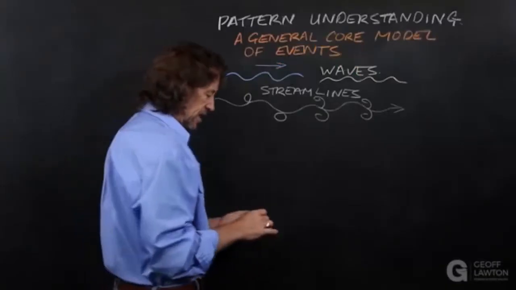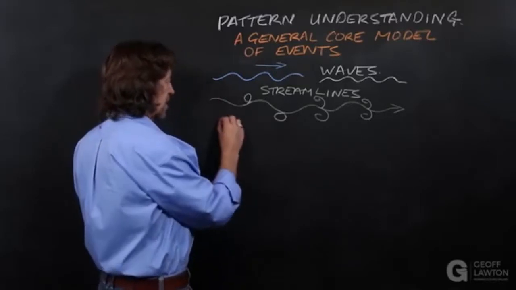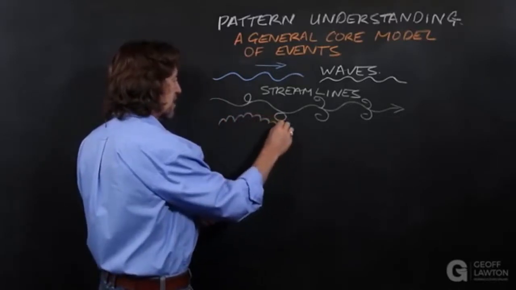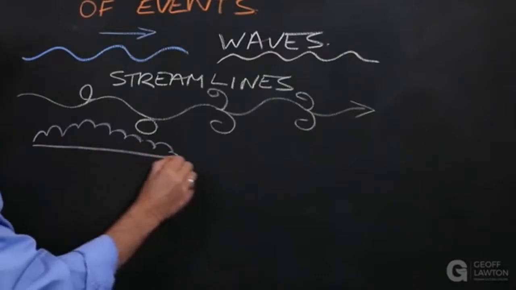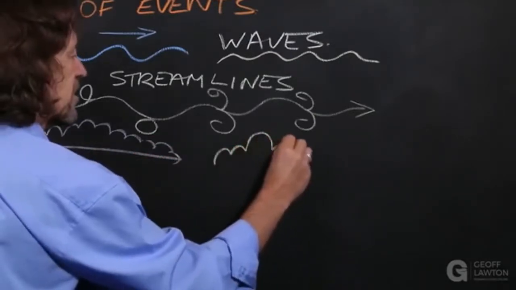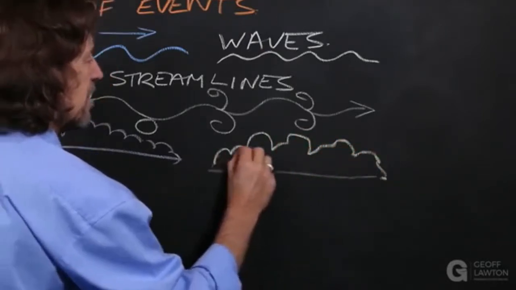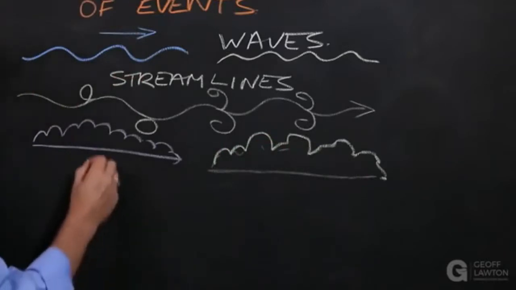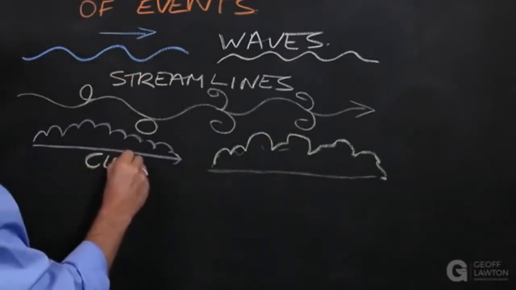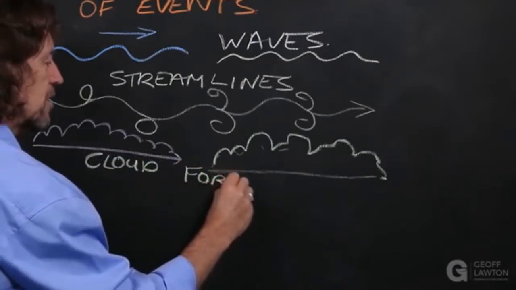We also get forms of clouds. So we get clouded shapes. You also get them on top of forests. The forest canopy is a clouded form. So we have cloud forms.